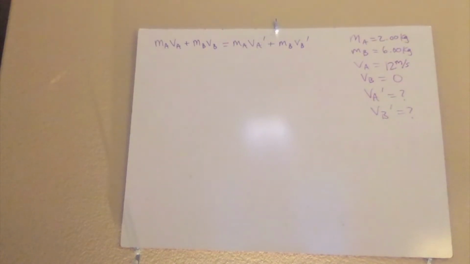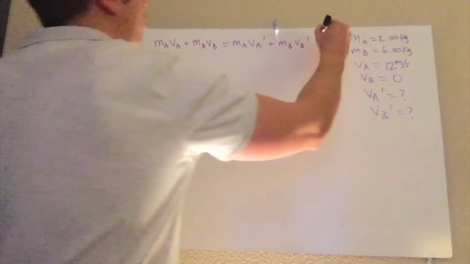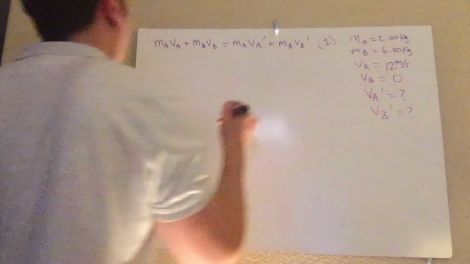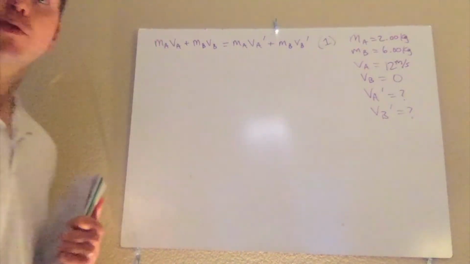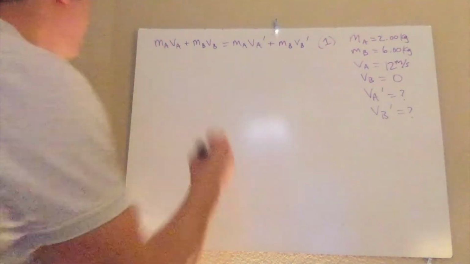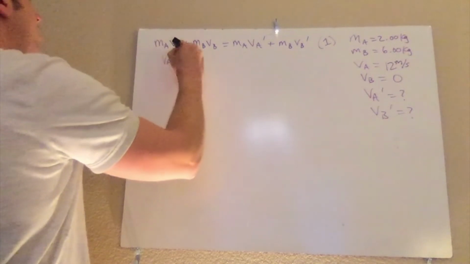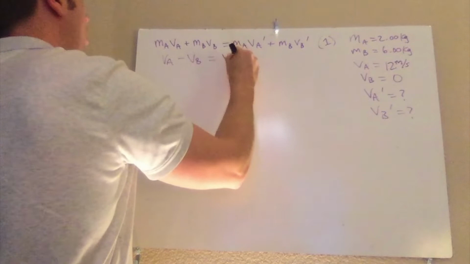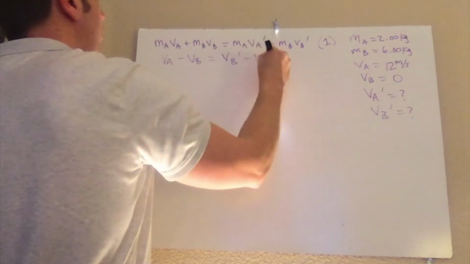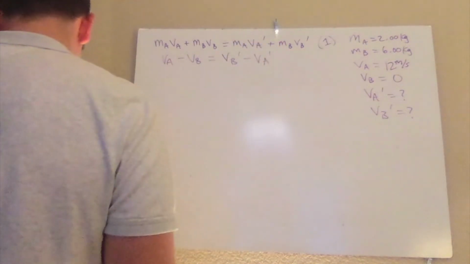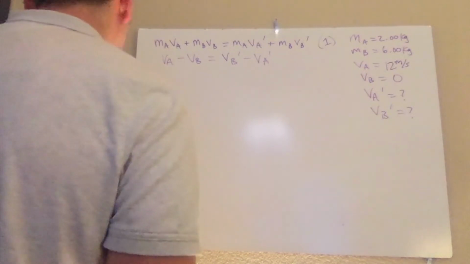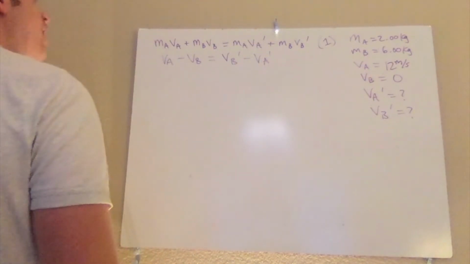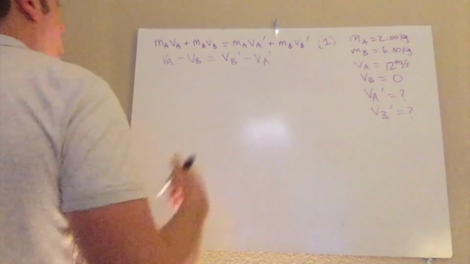Okay, so that's our first equation. It's labeled as 1. Our second equation is what we just derived for elastic collisions. We have VA minus VB equals VB prime minus VA prime. So there it is. So how about we take this second equation and start plugging in numbers that we know.